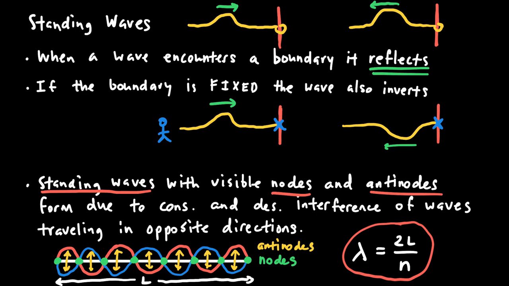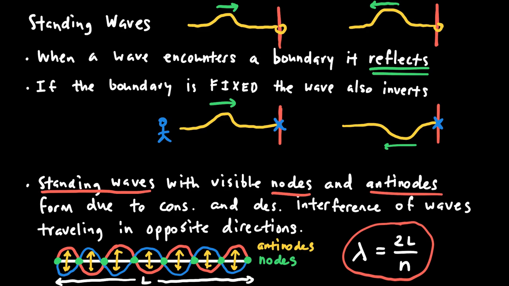Now, standing waves are produced by waves traveling to the left and to the right, but it looks like it's not moving. The interference pattern forms these nodes, which I'm showing in green, and the antinodes, which I'm showing in yellow. At any given moment, if I took a picture of this, say somebody was shaking a spring back and forth on the floor, it might look like the blue line, or it might look like the red line, but it won't look like both.